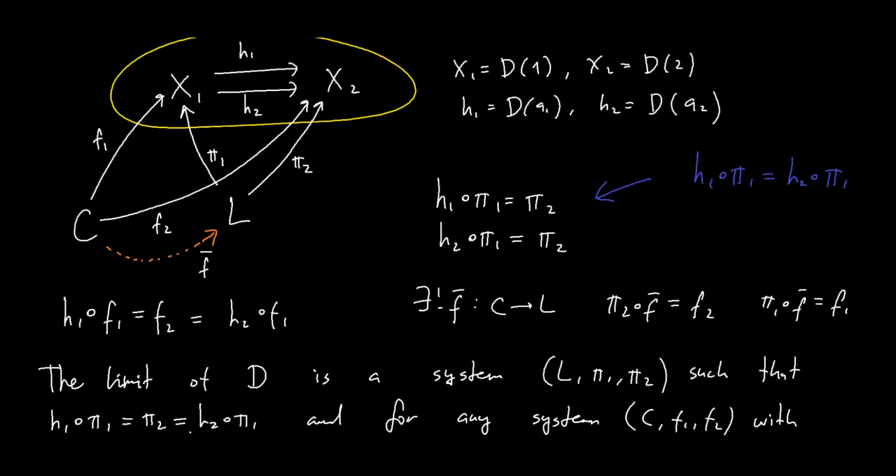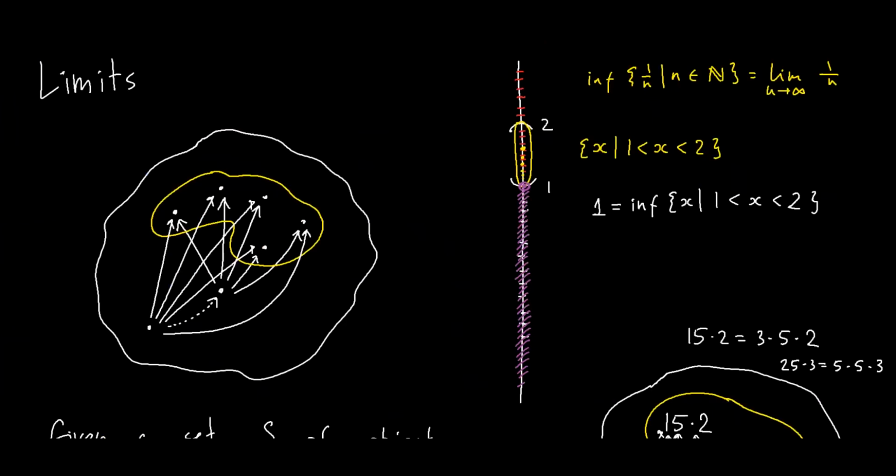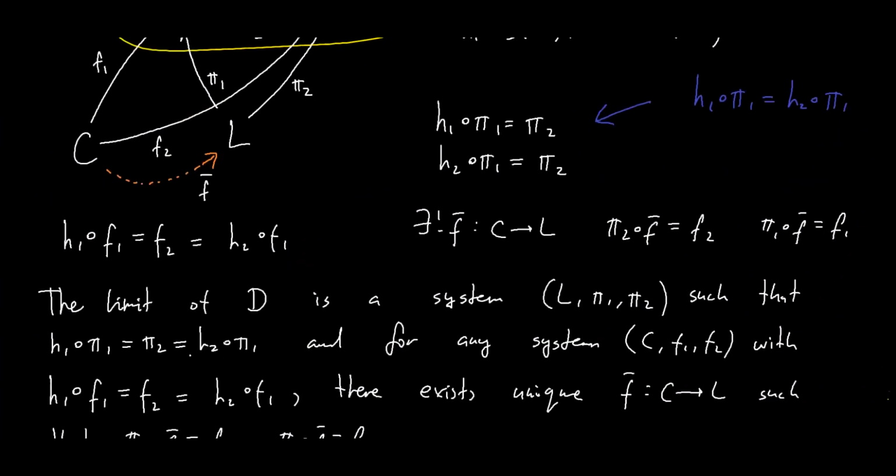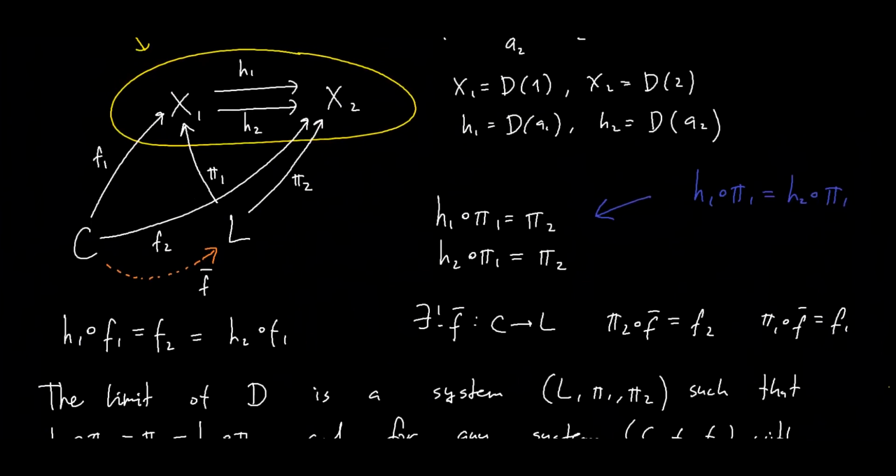Now, coming back to the original idea of the infimum, in a way we can think of the infimum of a set as the most optimal object that's less than all of the things in my set. And this intuition for the infimum being the most optimal such will nicely guide us in finding limits of specific diagrams in other categories as well. So once again, this L being most optimal, under which property?